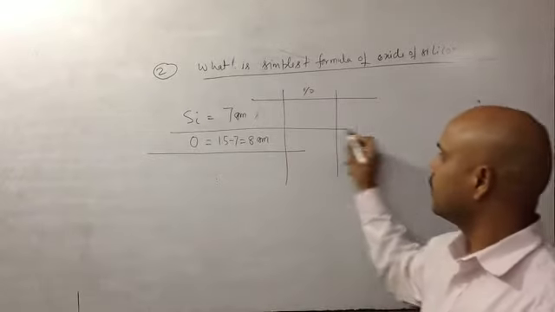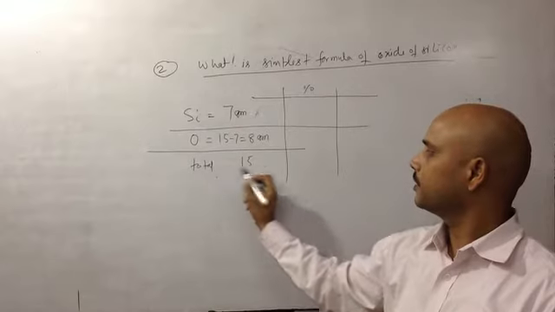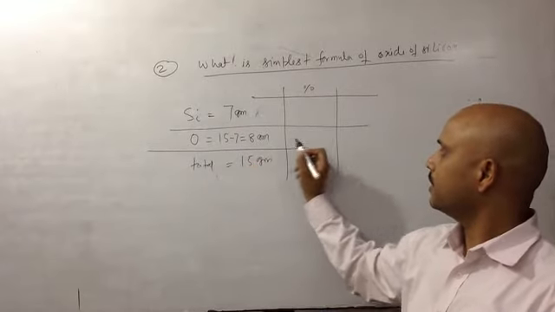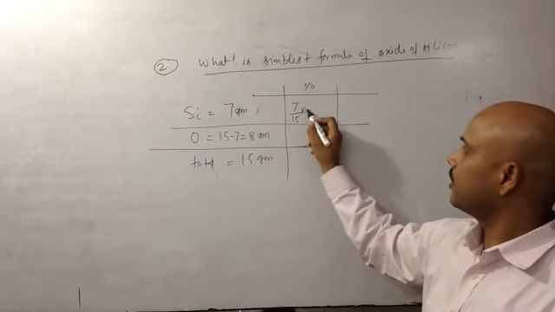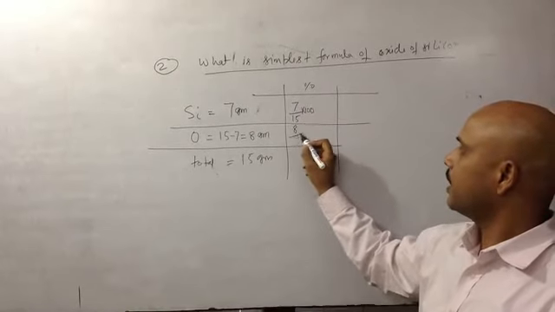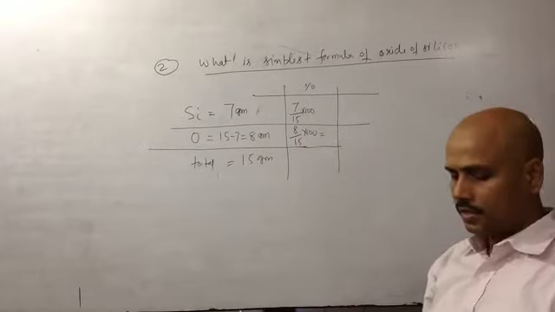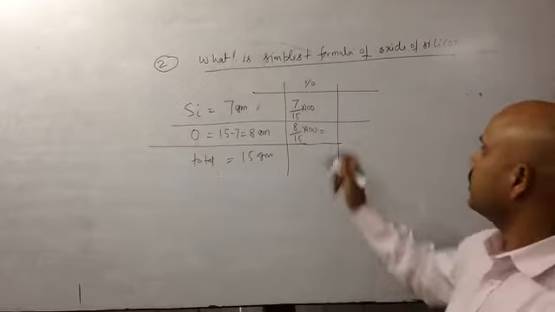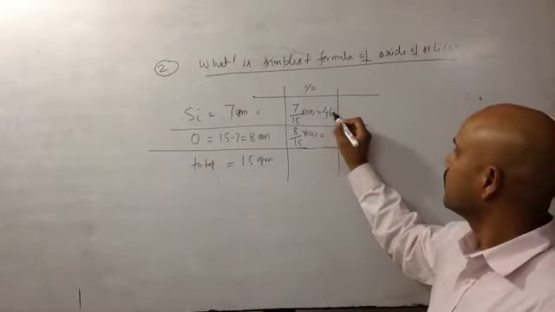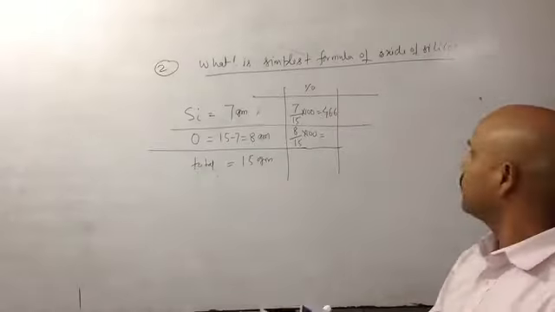The percentage of silicon is 7 by 15 into 100, and oxygen is 8 by 15 into 100. When we calculate, this value comes out to be 46.6 percent, and this is 53.3 percent.